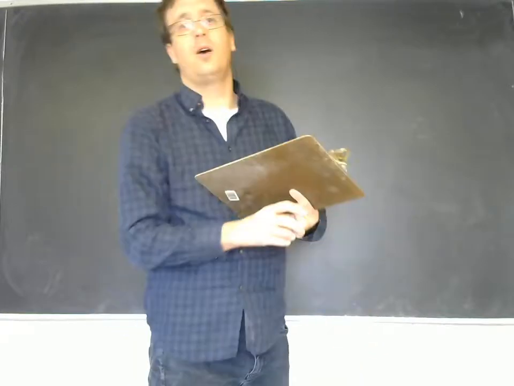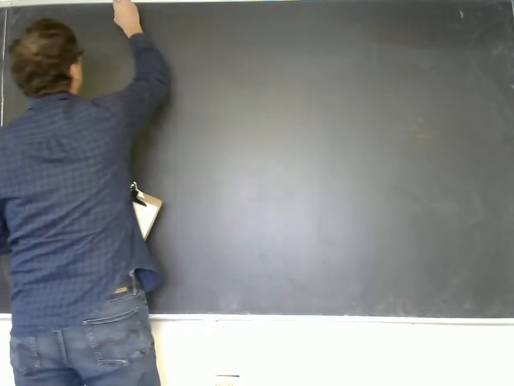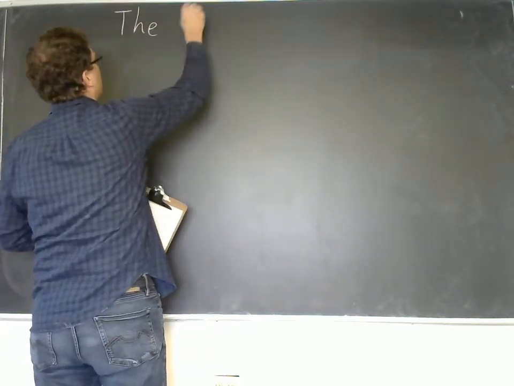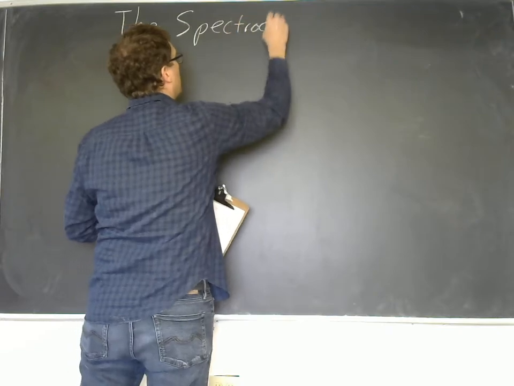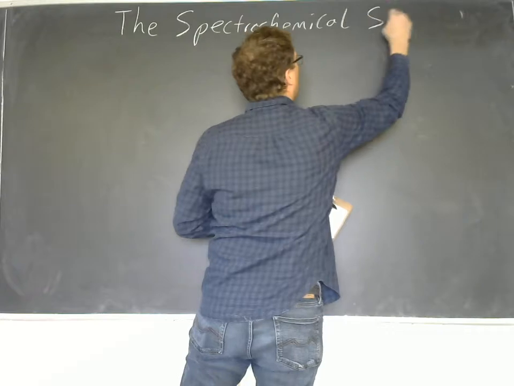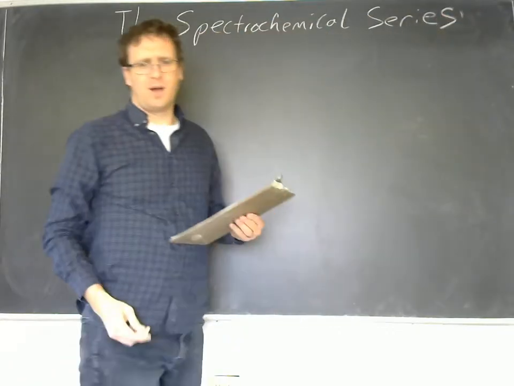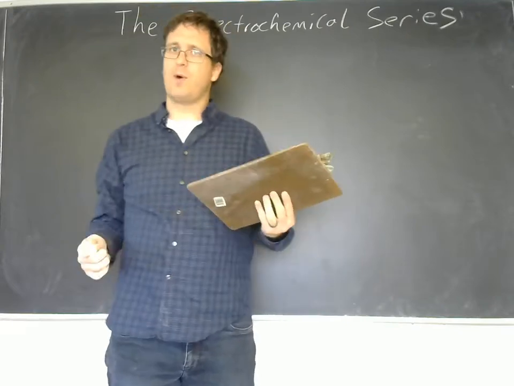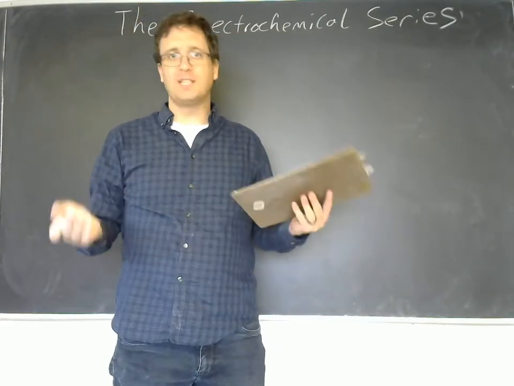Okay, so this last section of chapter 22 has to do with the spectrochemical series. And so you might have been wondering, well, what makes some coordination compounds high spin and what makes some low spin?